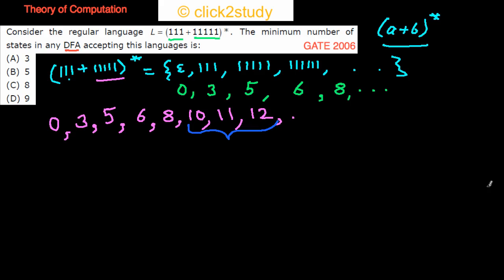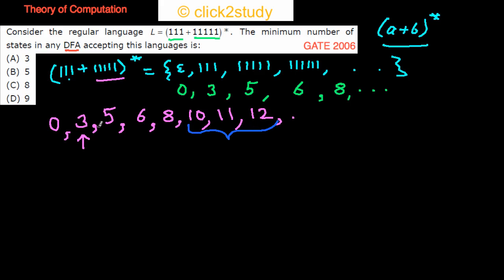As you have achieved this, something interesting happens: you can achieve every number after this. That means you can achieve as many ones as you want, higher than this. The reason is that you have 3 out here, corresponding to 3 ones, and this 10 corresponds to 10 ones, 11 to 11 ones, and 12 to 12 ones.